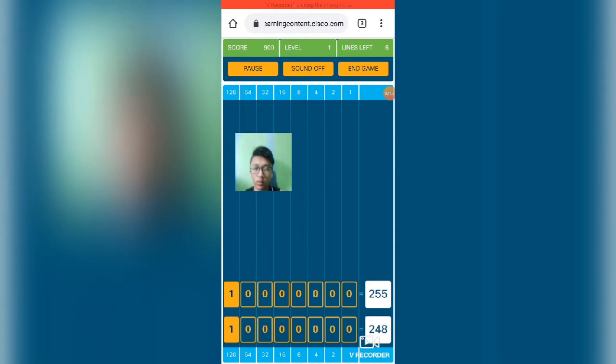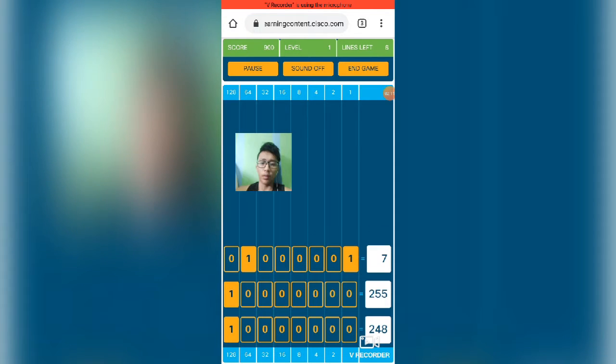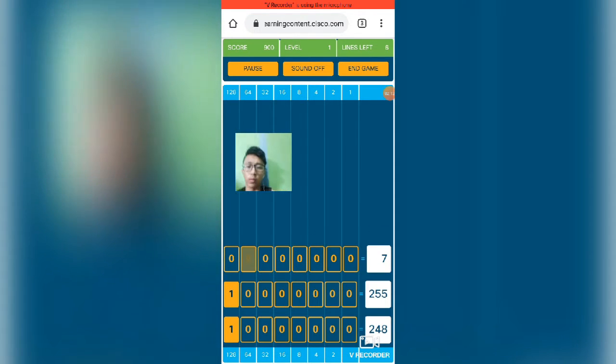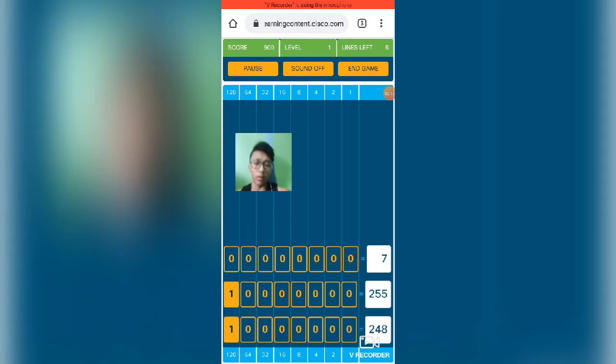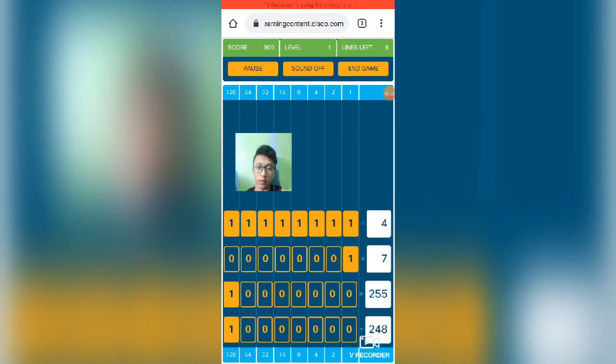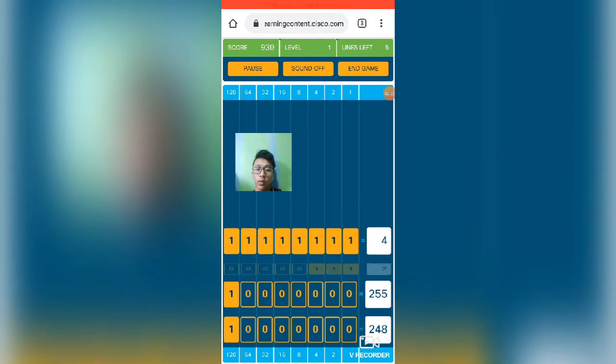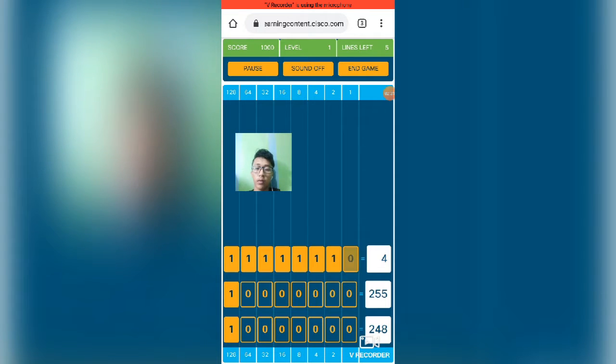So this game will help you practice how to convert decimal to binary and binary to decimal. Here we have to answer this 6, 4, 5, 7, 4.